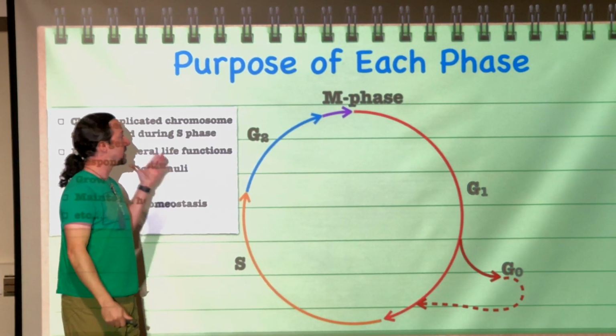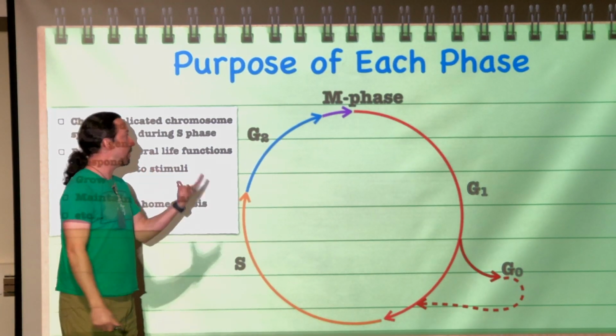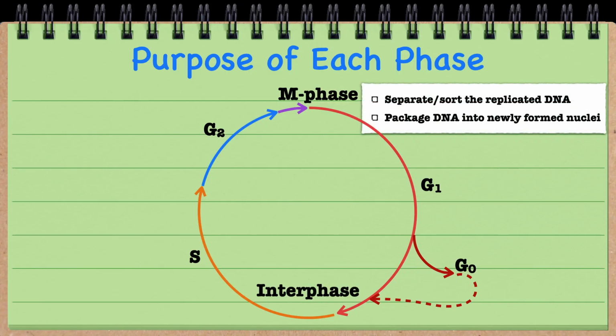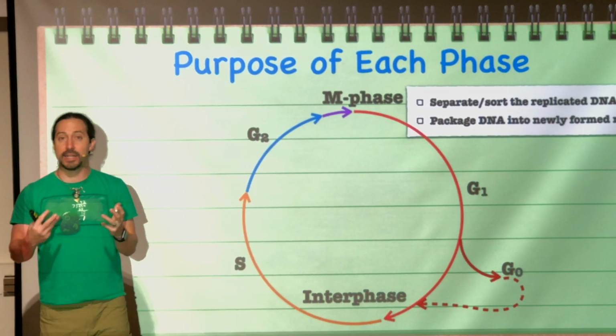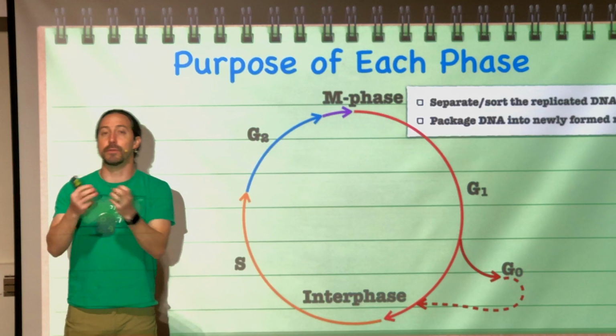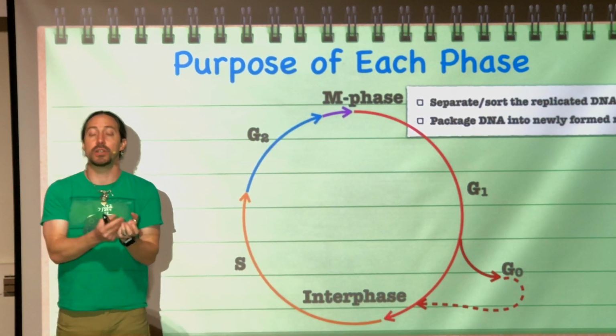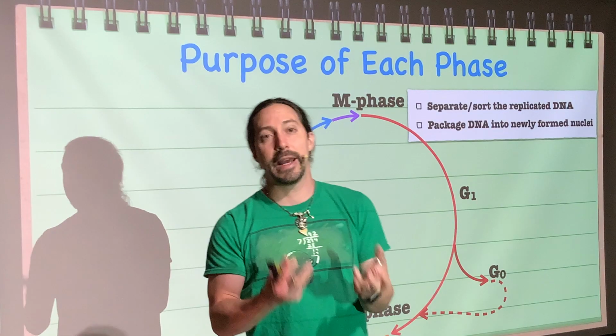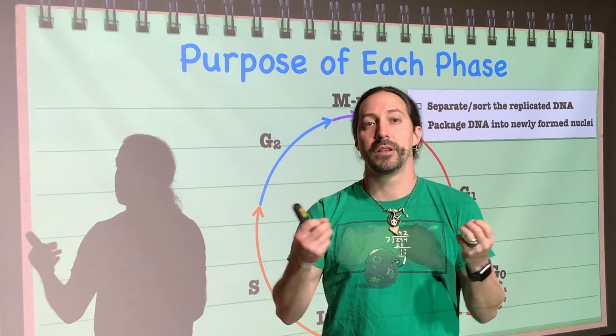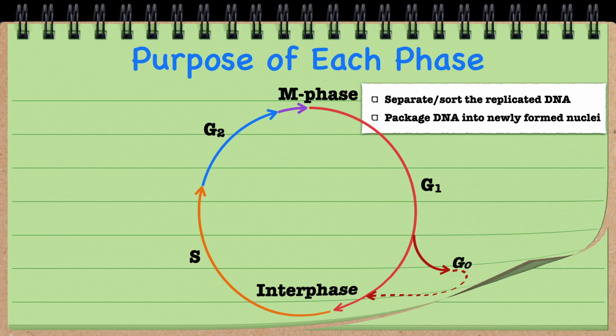Then the cell will enter into the M phase, which is where the DNA is going to be separated, sorted, packaged into new nuclei, which would be mitosis. And then in cytokinesis, that is where the cell will divide and become 2 new daughter cells. The original cell ceases to exist as it divides and becomes the 2 daughter cells.